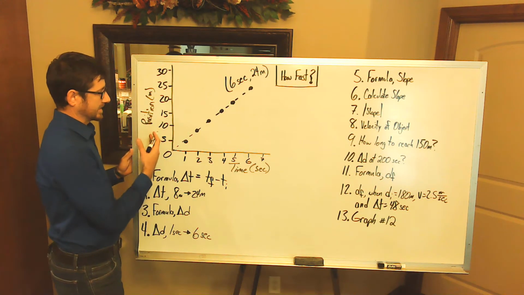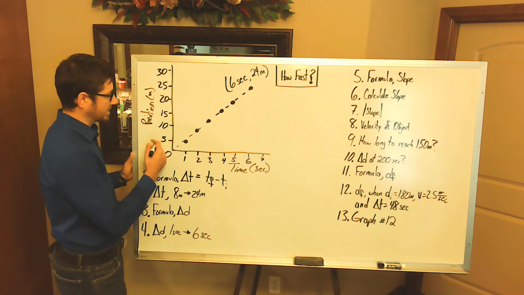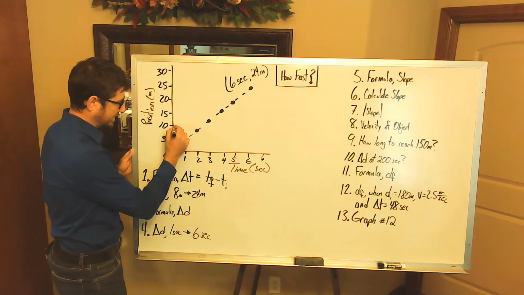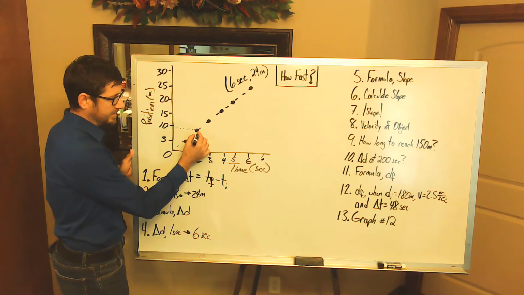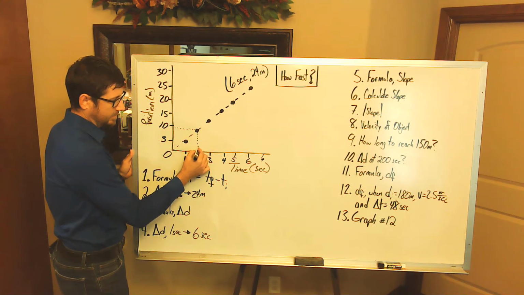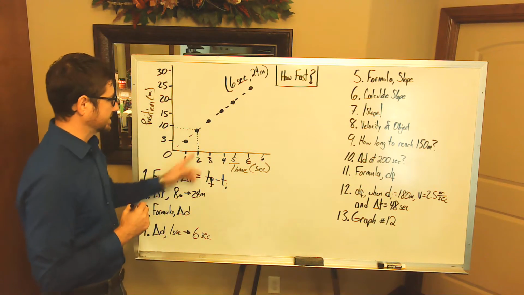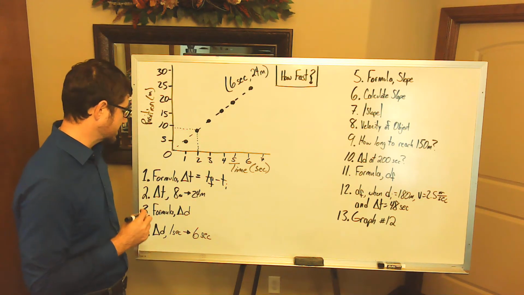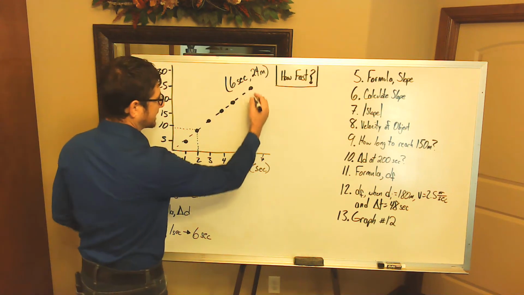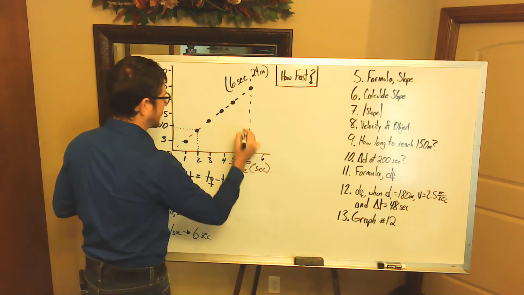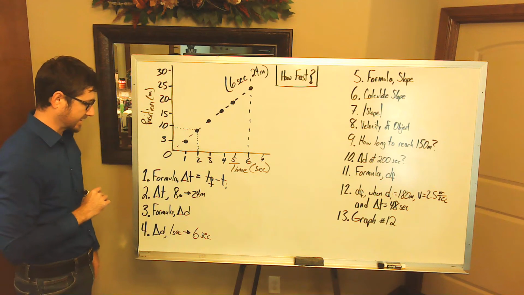And so we're going to take a look at the y-axis on our position time graph. So we have 8 meters right here. And we need to identify the time when we're at a position of 8 meters, and that's 2 seconds, okay? 24 meters, right here, we are at a time of 6 seconds.